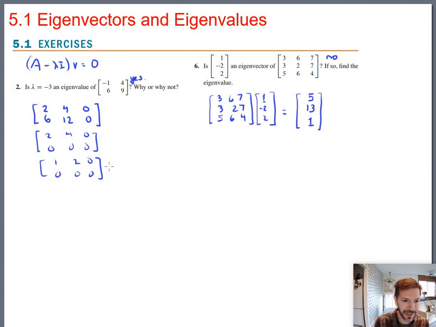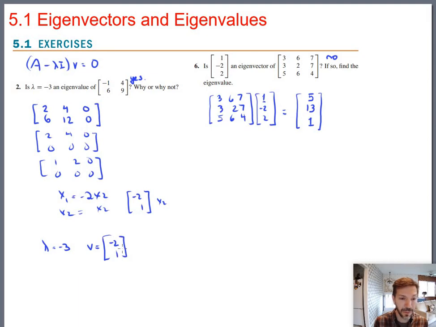So this first equation says x1 is negative 2 x2, and x2 is the free variable. So the vector that solves will be any multiple of negative 2, 1. So just plain old negative 2, 1 would certainly work. I'll choose x2 to be 1 here. So we'd say lambda equals negative 3 has an eigenvector of negative 2, 1.